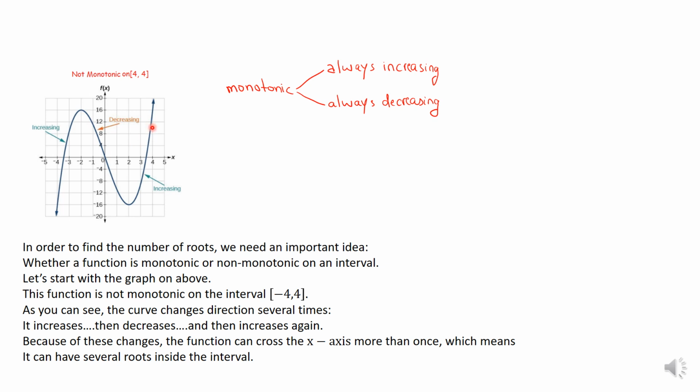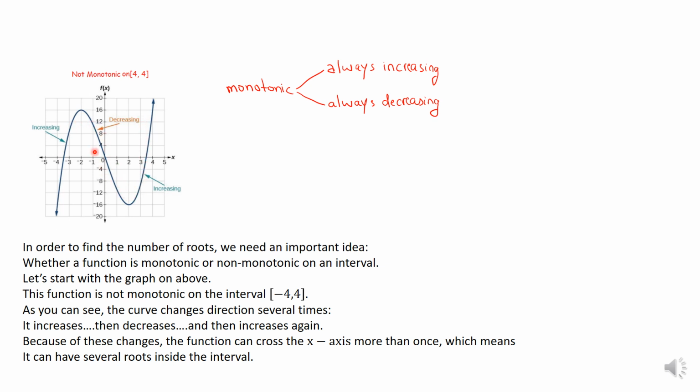So the curve changes direction several times. We are talking here about the interval [-4, 4]. Because of these changes, the function crosses the axis more than once, which means it can have several roots inside the interval. So if the function is not monotonic, it may intersect the x-axis more than one time.